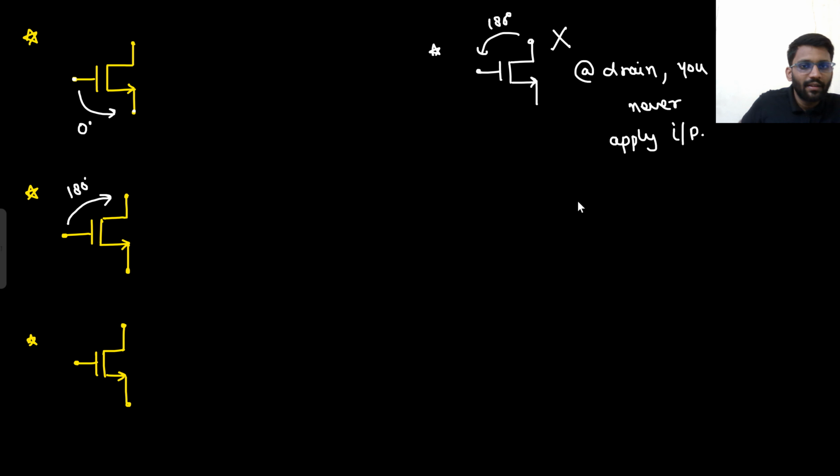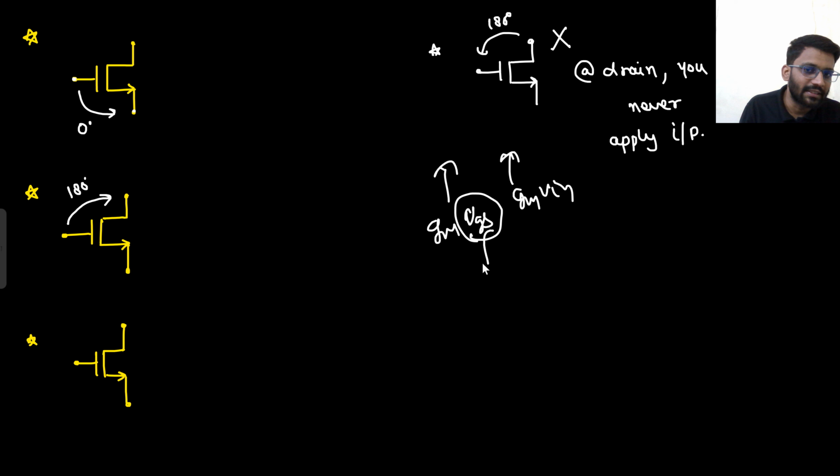Why so? Because if you apply input here, this will not be depending on this MOS. This will not be depending on gm. If I apply input here, what will be my current? My current would be gm VGS, so my current is depending on VGS, the gate and source voltage. When we do the small signal analysis, my current doesn't depend on drain voltage.